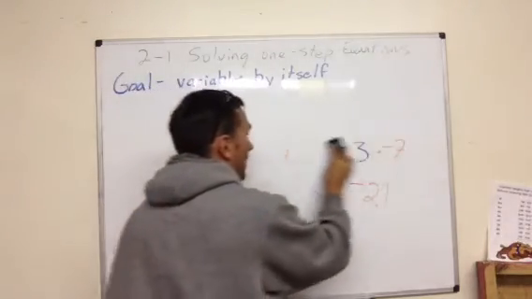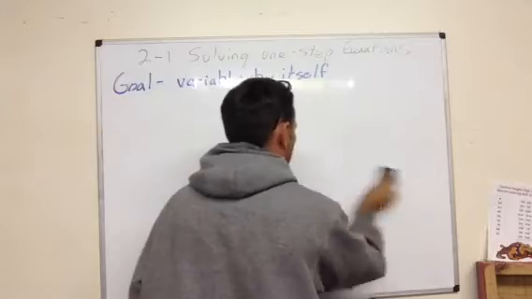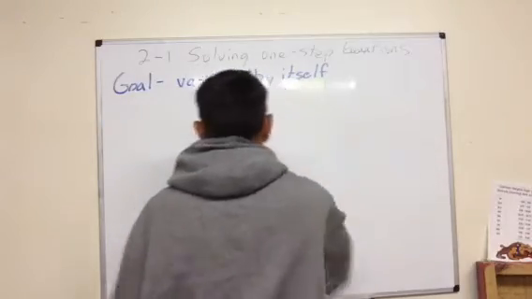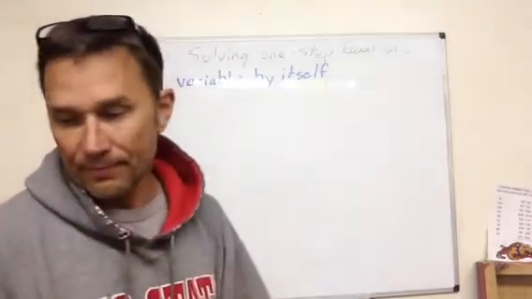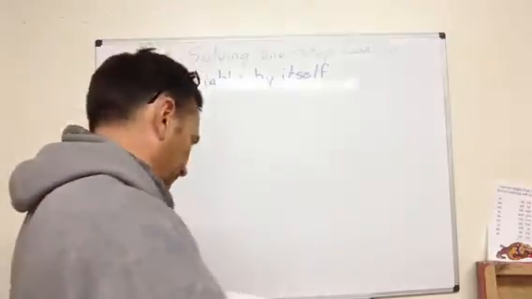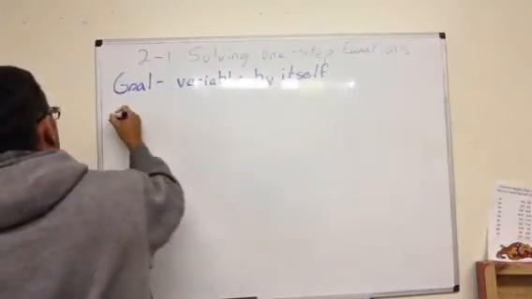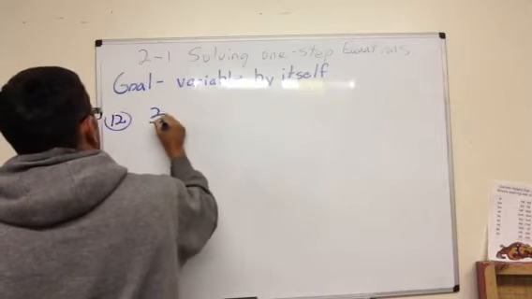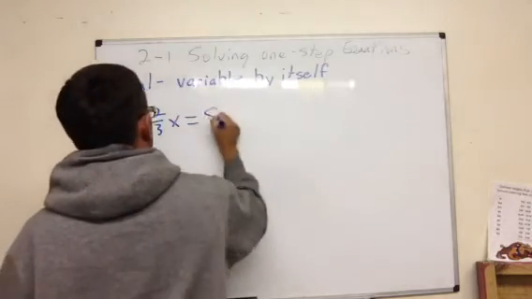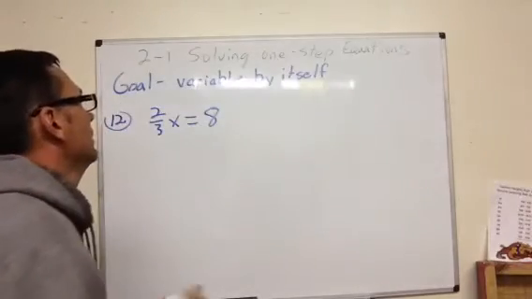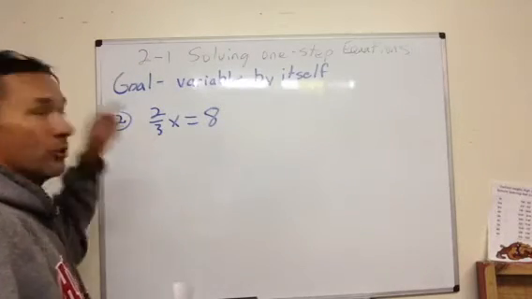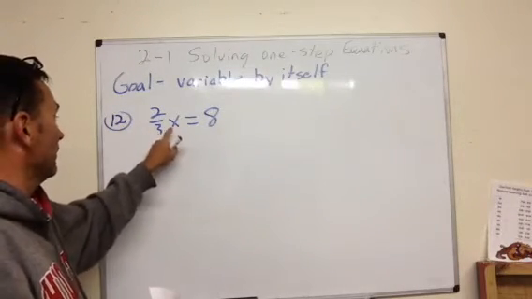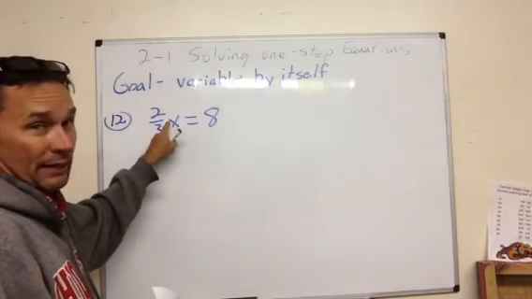We do have fractions on this one. So, number 12. 2/3 x equals 8. Now again, what is a 2/3 doing to the variable? It's multiplying it.